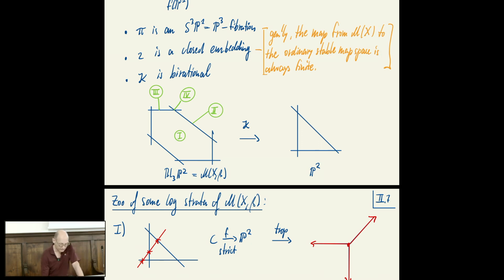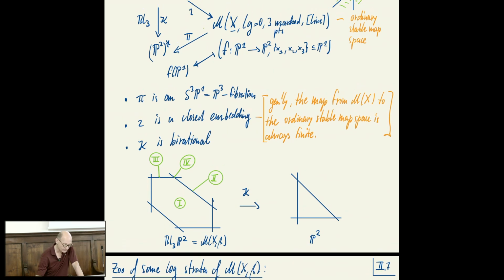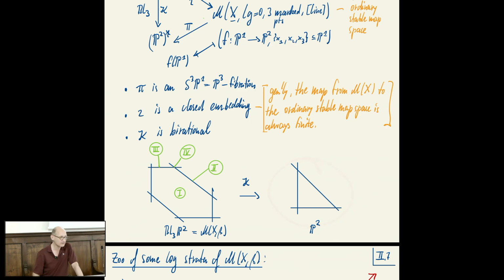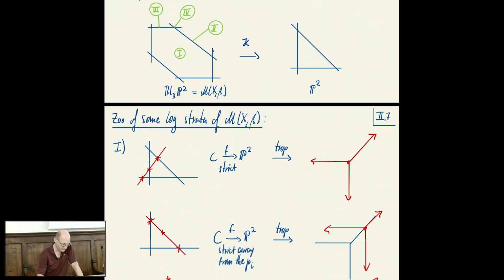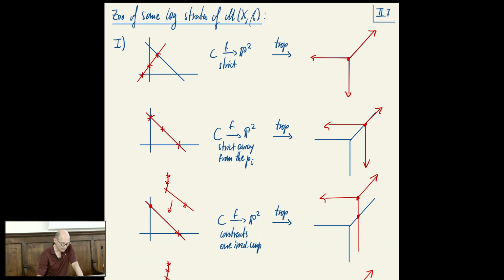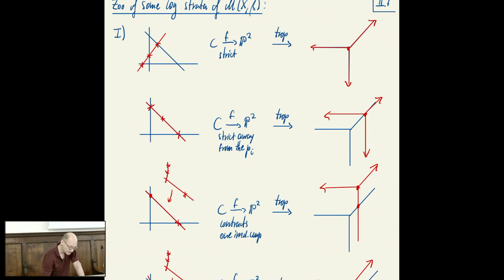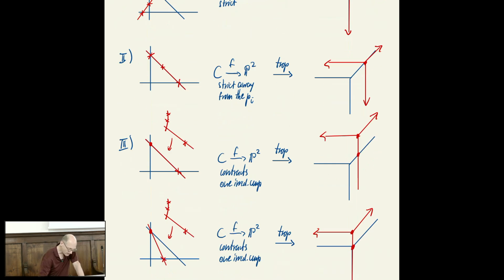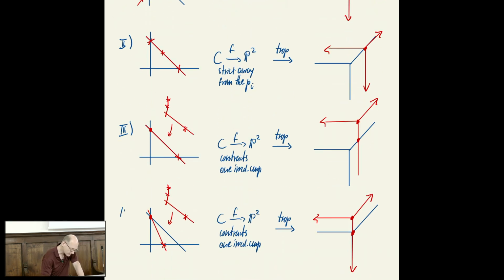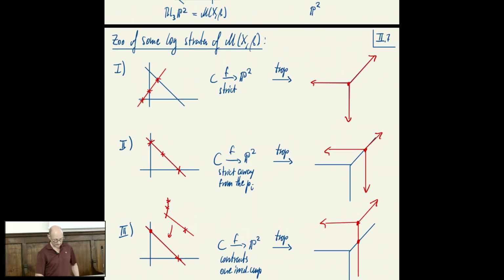So what does this look like? So the kappa was this map to the ordinary moduli space of lines. Okay? So here's some zoo of log strata. Oh, sorry, there's also a mistake here. I guess this should be 2. Hopefully that's correct. I'll double check with my other notes. I missed copying this, and then I'll update it anyway.